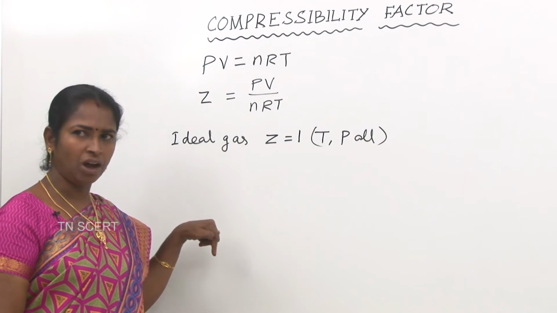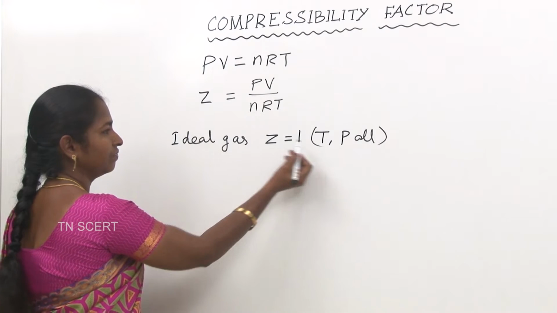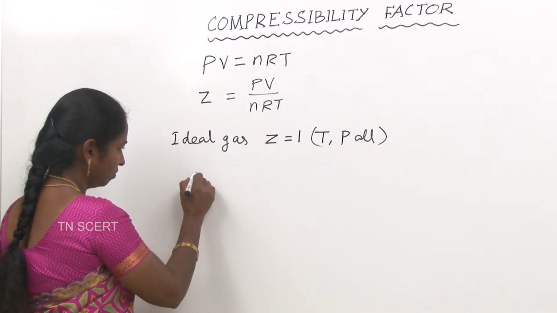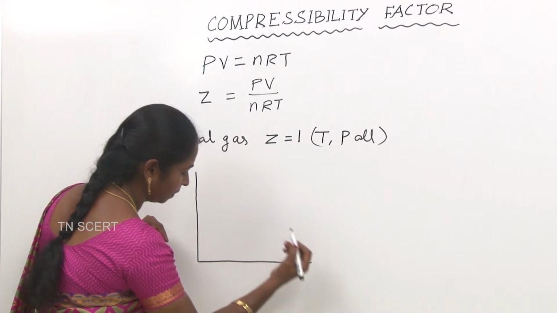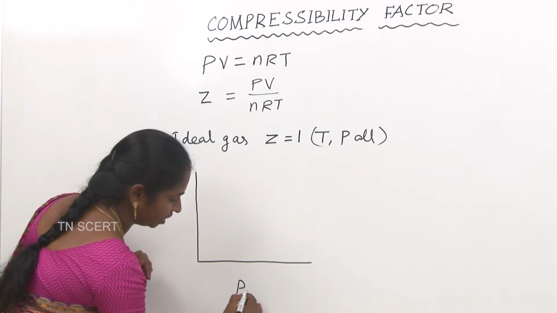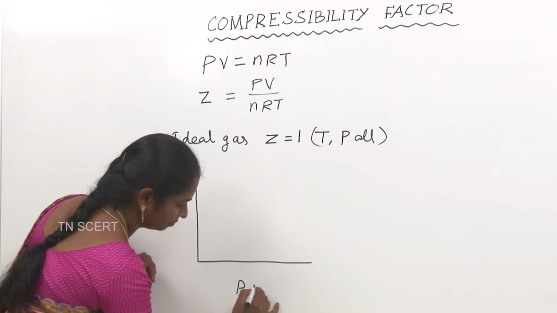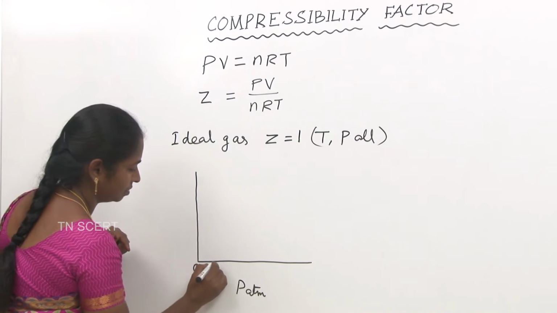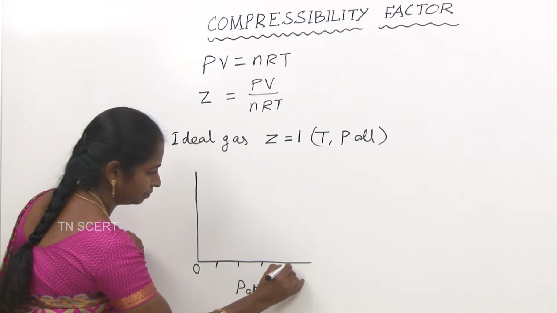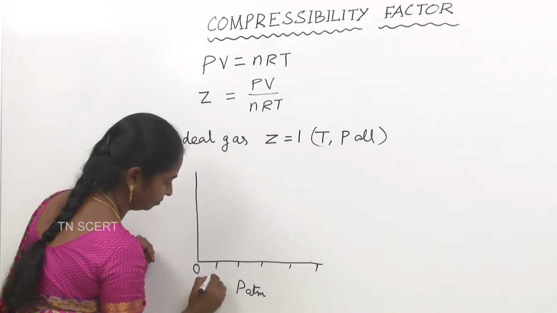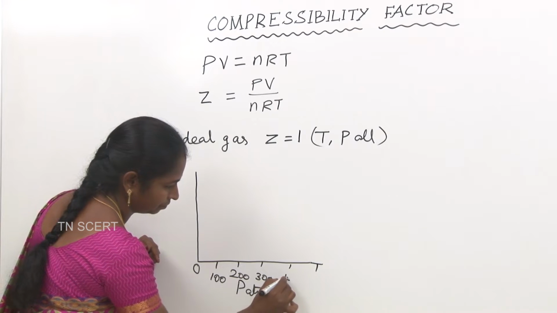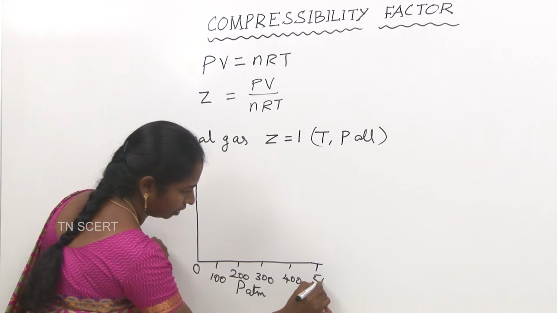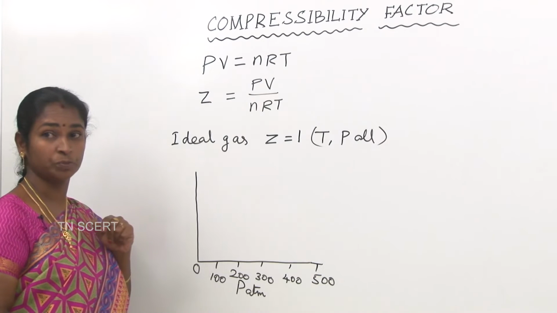We can draw a plot for Z versus P for an ideal gas. Here P is taken in atmosphere, 0, 100, 200 atmosphere, 300 atmosphere, 400 and 500 atmosphere.